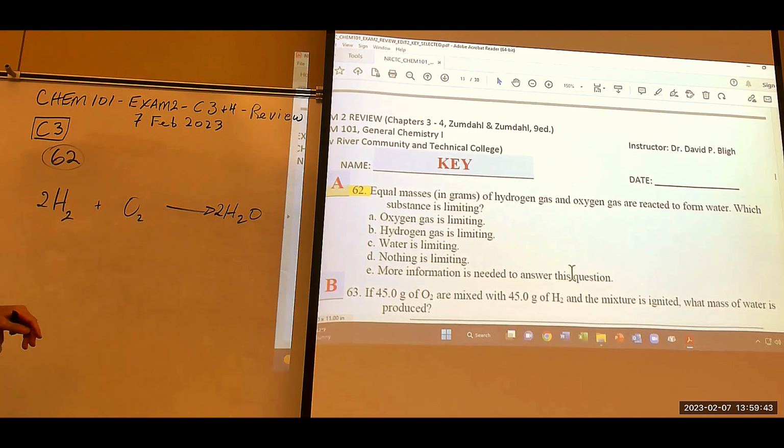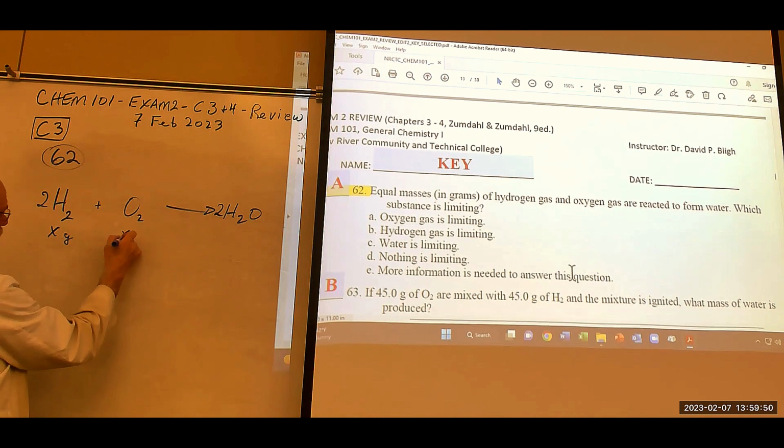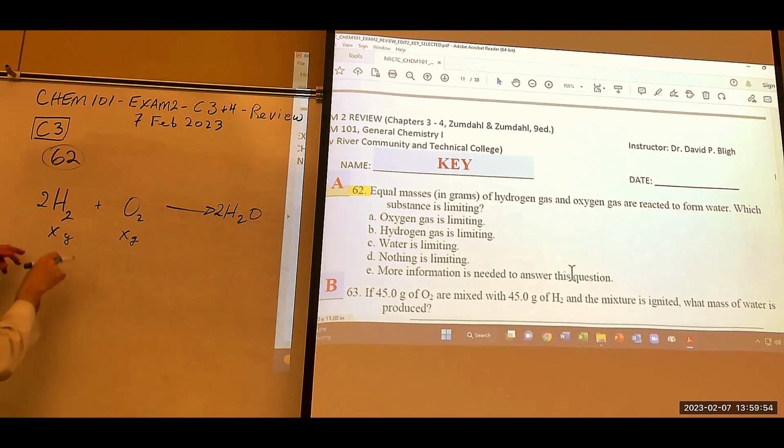Now, equal masses of hydrogen gas and oxygen gas. So we've got X grams here, and X grams here. What's the ratio in mass? Well, that's 2.02 times 2, which is 4.04 grams of hydrogen. We're doing the mass ratio like we did before.